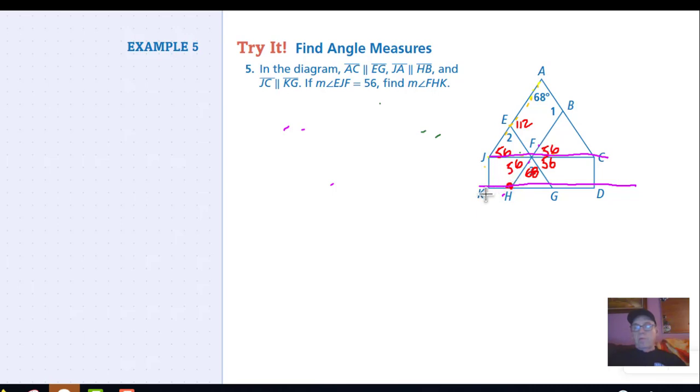This angle that we're looking for, which is angle FHK, has to be supplementary with this 56-degree angle since they're same side interior. So 180 take away 56 gives us 124. The measure of angle FHK equals 124. So this angle right here is 124 degrees.